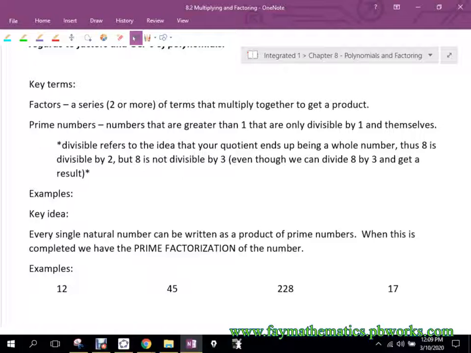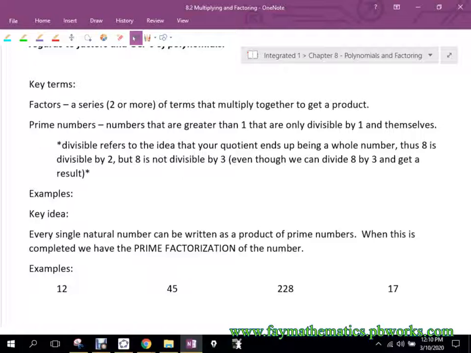So that's not just 1 and itself. 26 divides by 2, doesn't it? 21, 7 and 3. 29 is prime. 31 is prime. 3 is prime. What's the smallest prime number we come across? 2. What's the only even prime number? 2. Okay.